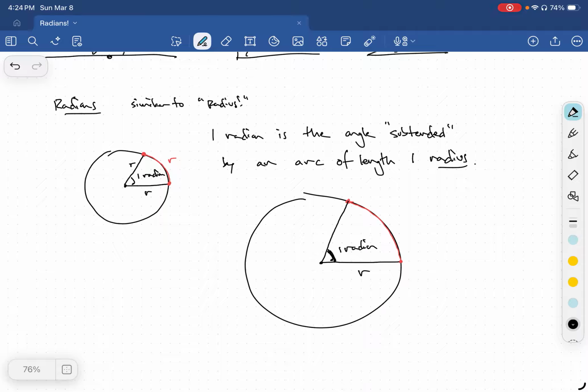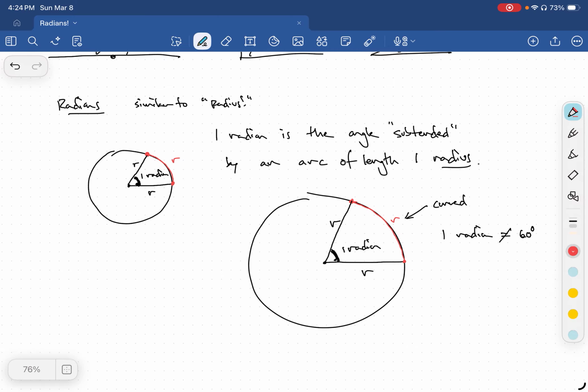This angle right here is the same as this angle right here. So it's almost like an equilateral triangle, but not quite because of the curve here. This 1 radian is not equal to 60 degrees, but it's sort of close to 60 degrees, which we'll see. It's going to be a little bit less.